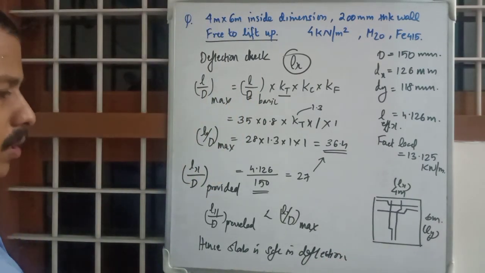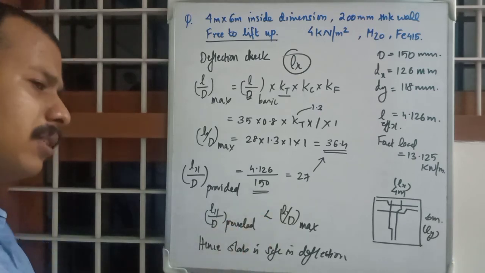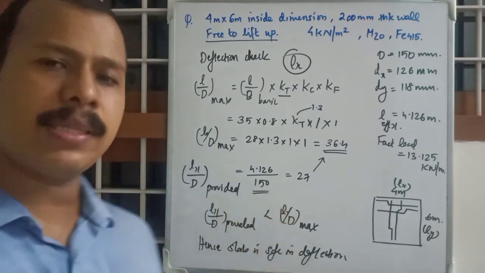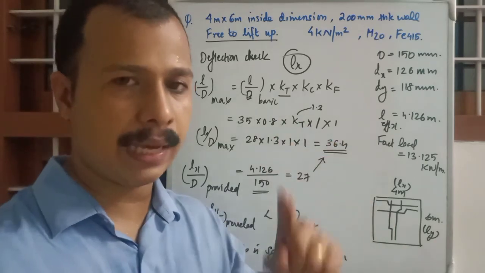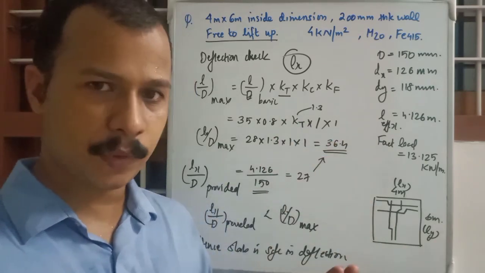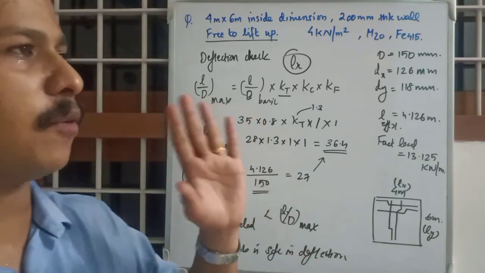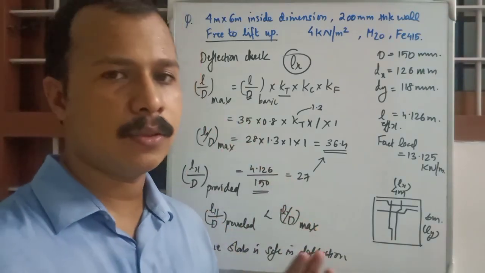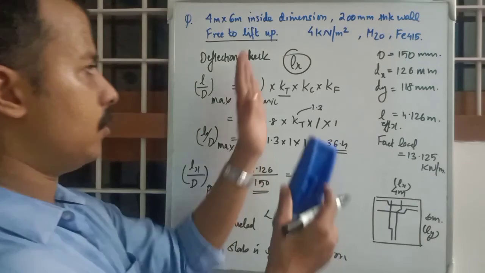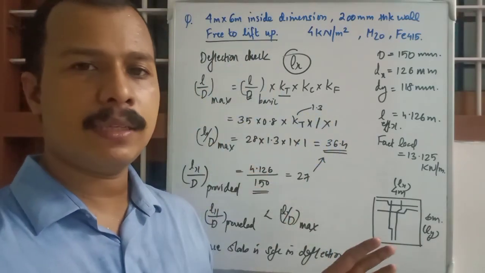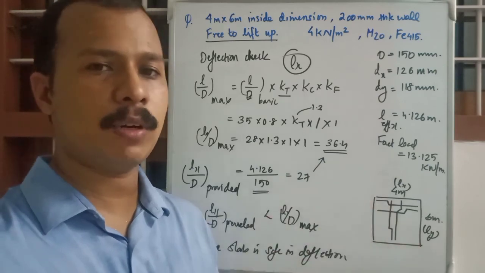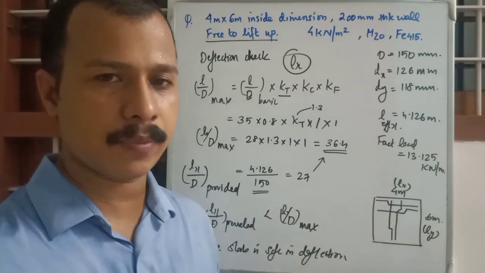So if suppose it is greater than, then you will just have to write it is not safe in deflection. You need to increase the depth of slab and redesign. Okay, that's it. So that was design of two-way slab. That part was the only tricky one. Everything else is similar to one-way slab and singly reinforced beams. Okay, thank you.